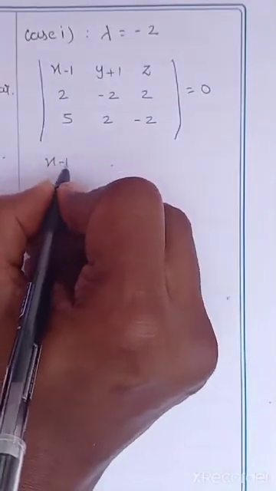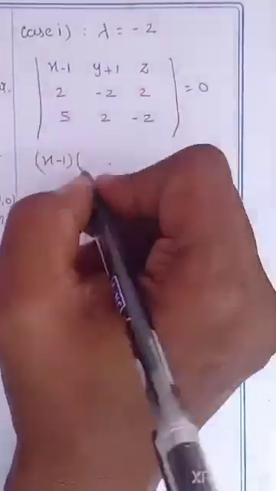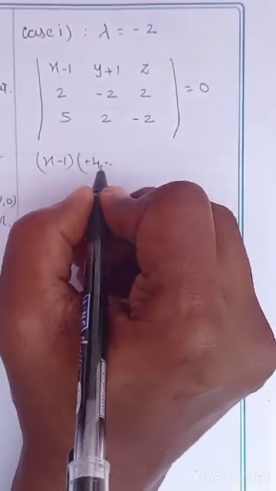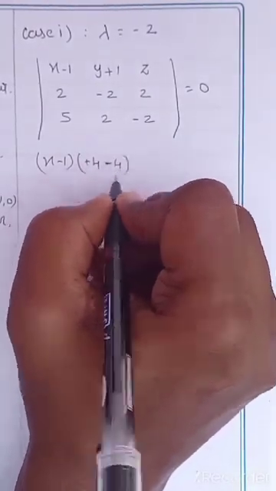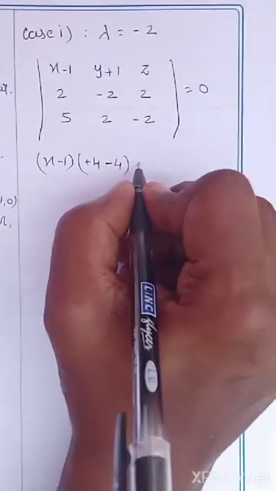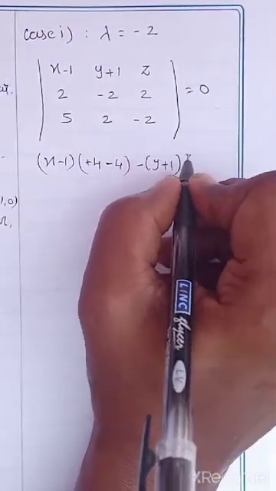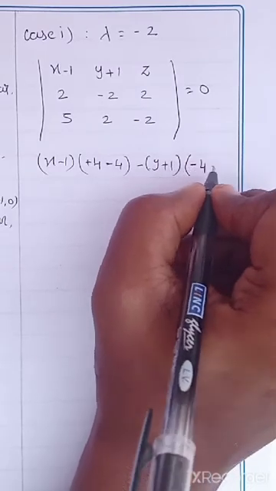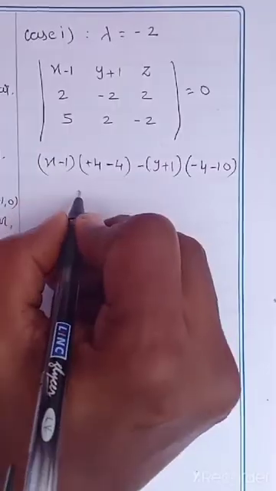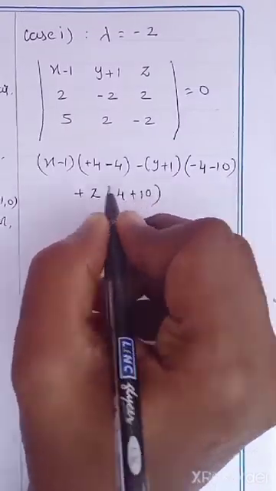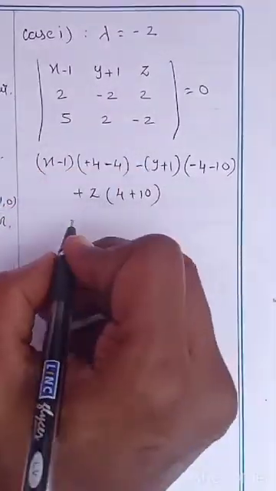So we have to expand this one. This is plus 4 minus 4, and you will get minus y plus 1 of minus 4 minus 10, plus z of 4 plus 10. And again this whole term will be 0.